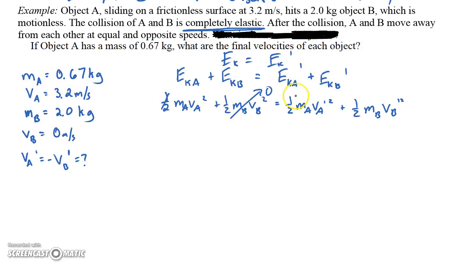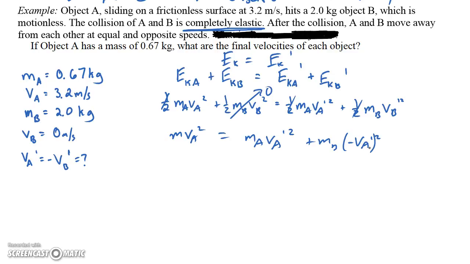The 1/2 is going to cancel out of each term, and we can substitute in for VB prime. So we end up with an expression that looks like this: plus MB times negative VA prime, which is all squared.